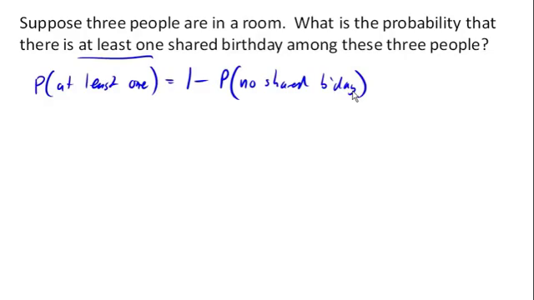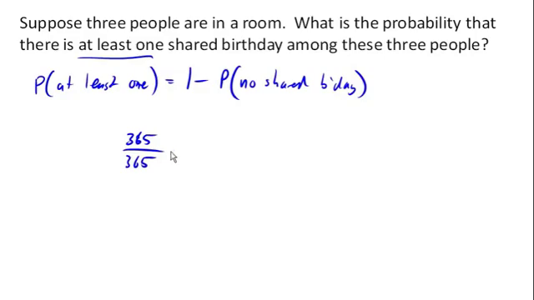So for the first person in our group, how many different ways could we pick their birthday? Well, they would have 365 choices. We're going to ignore leap years here.